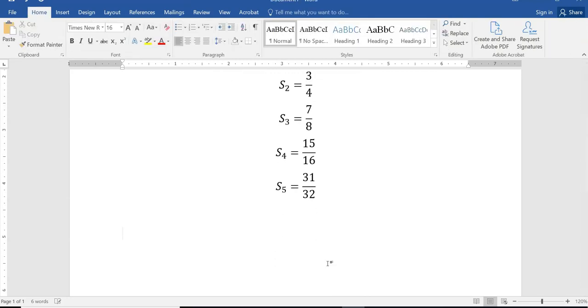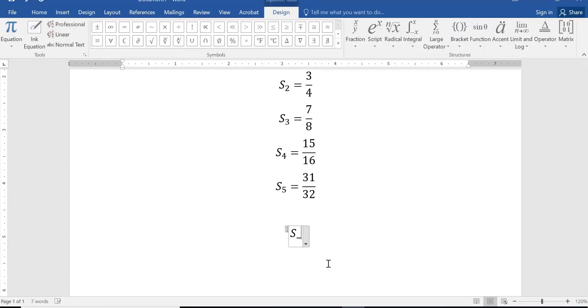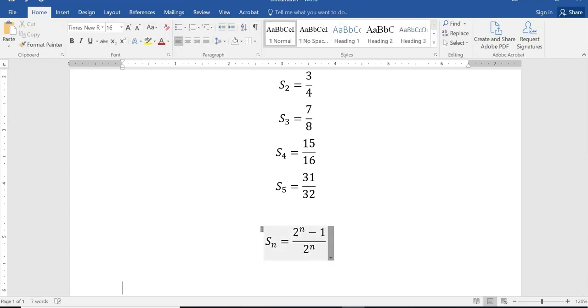And hopefully we see that the nth partial sum is always going to be a fraction, and that fraction in the denominator is going to be 2 to the nth power, and in the numerator it's going to be 1 less than that. So it's going to be 2 to the nth power minus 1 over 2 to the nth power.